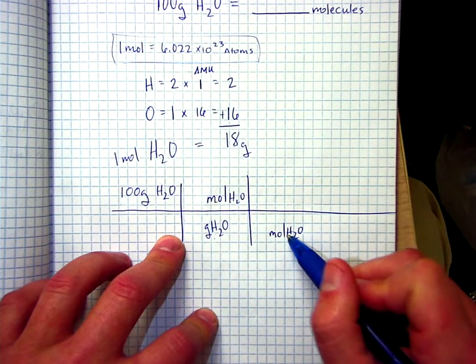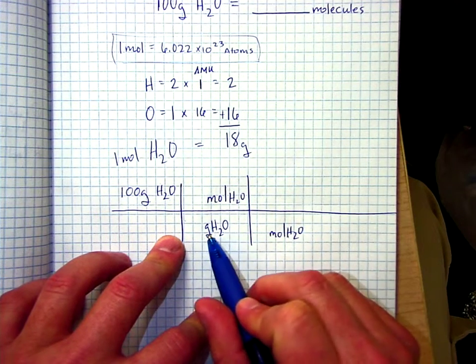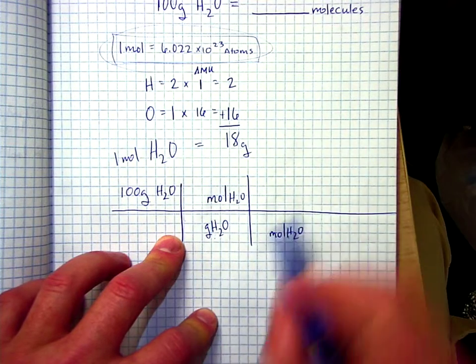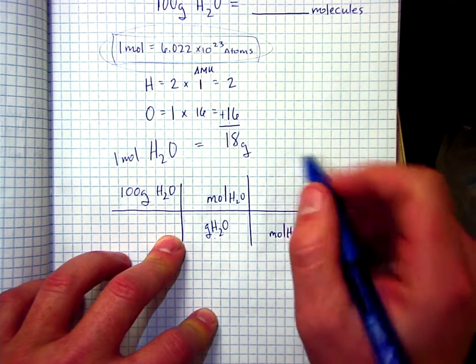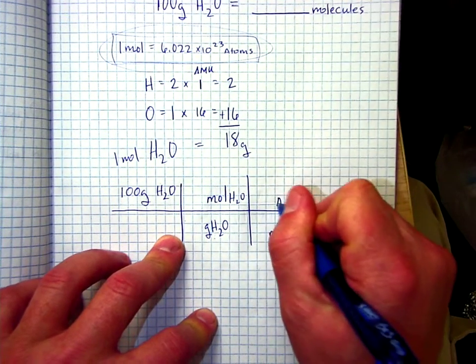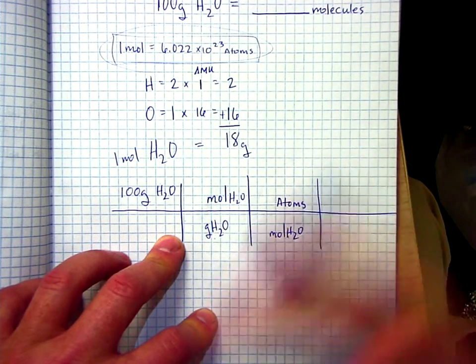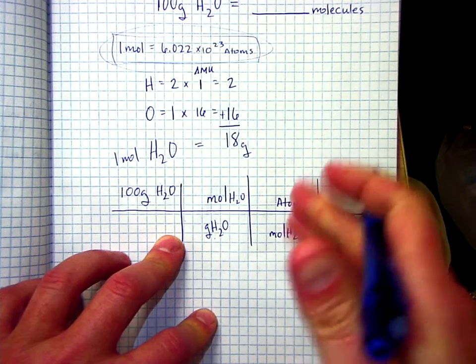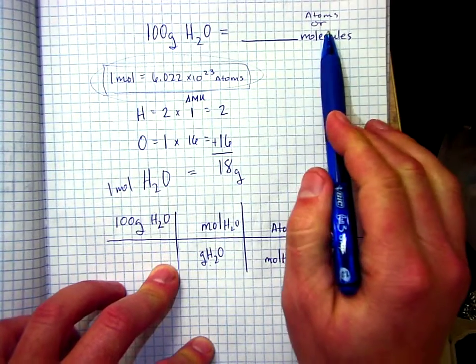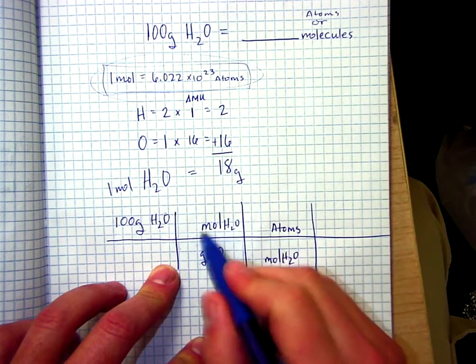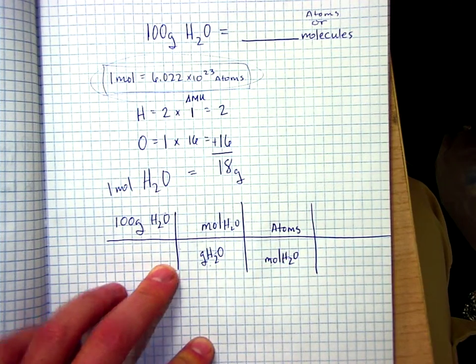What would I want? I wouldn't want grams, I've already been to grams. I want to go to atoms. That's really what the question's looking for. And I would be done. I don't need to continue the train anymore because the answer I want is in atoms. All these units have canceled out, and I'm stuck with atoms.